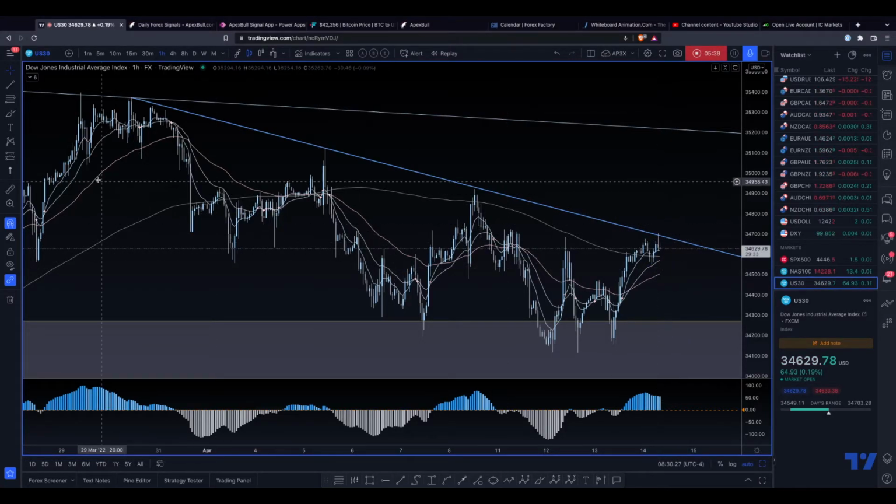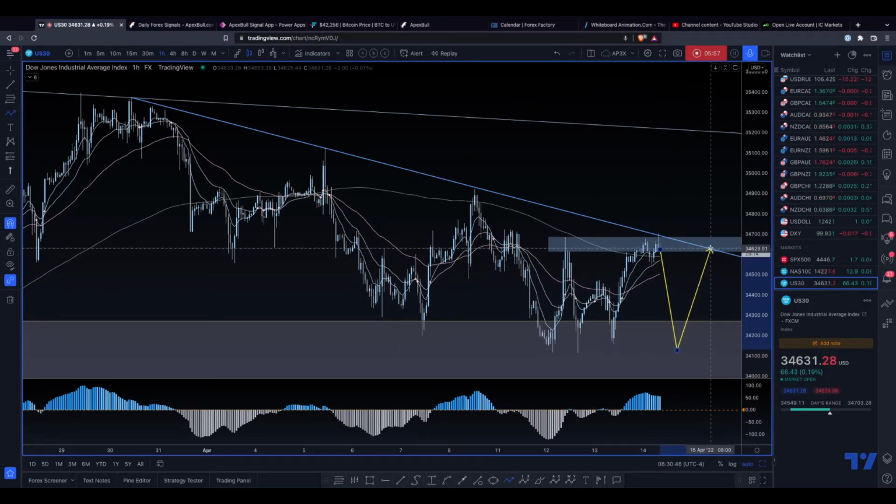This could also easily develop into a simple range. So this is the range here and the bottom of the range. So we can easily retest this bottom range right here, like so, and do whatever.